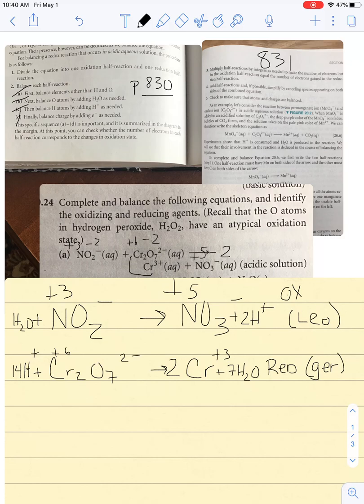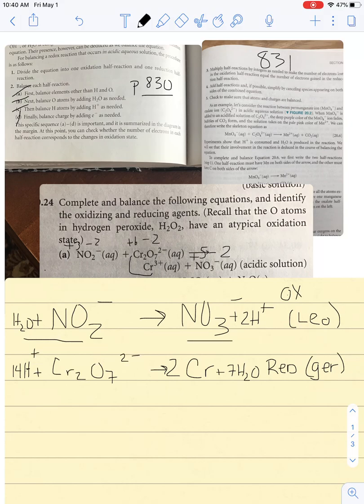That's all done. Now we have to add the electrons as needed. This is where we have to be super careful because it's really easy to make a mistake. All we want to do is make sure our charges are balanced. I'm going to get rid of the oxidation states so they don't throw me off. On the left side, I have a total charge of -1.